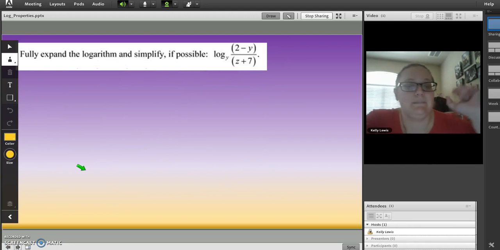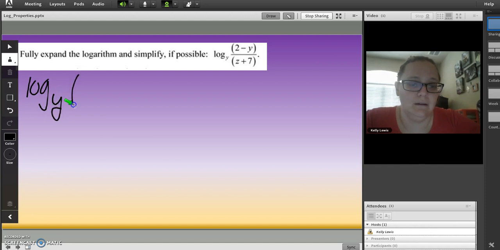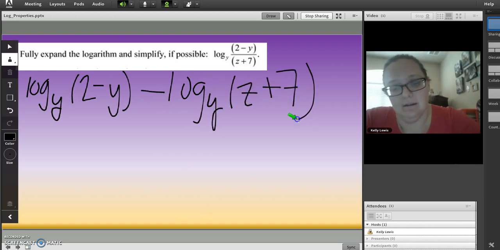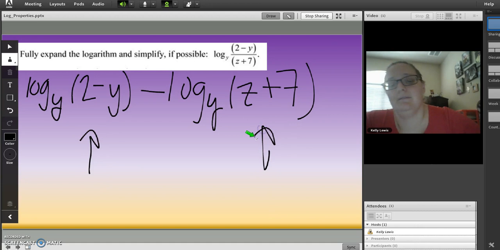And here we want to expand it, and so there's division. And so division means subtract. So log of y squared minus log of y minus log of z plus 7. The end. Okay, you cannot do anything with the stuff inside the log, because I'm going to go back to this other screen.